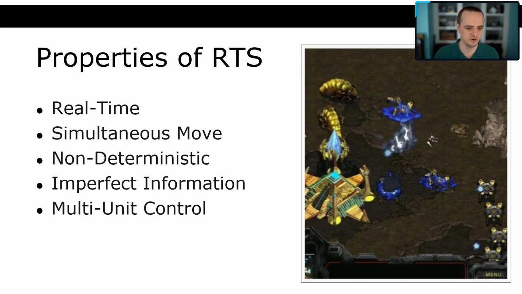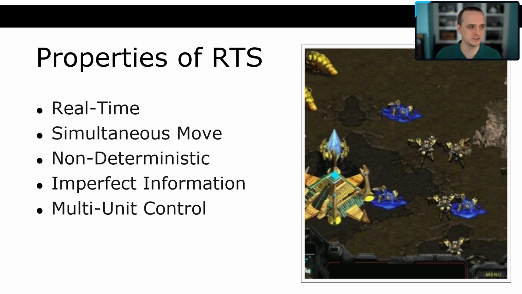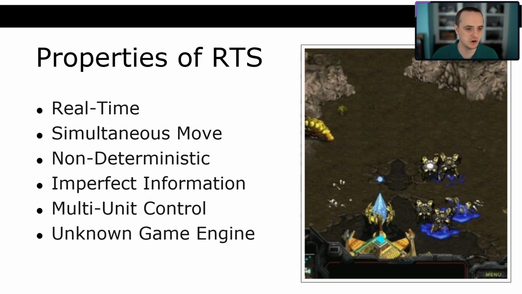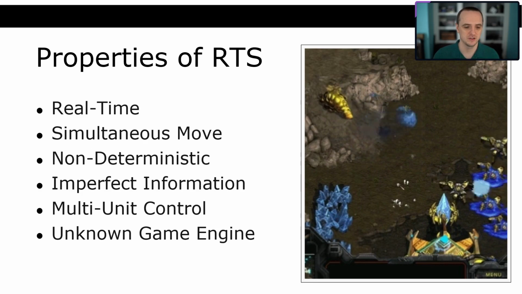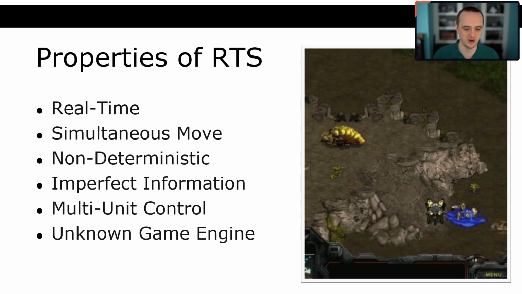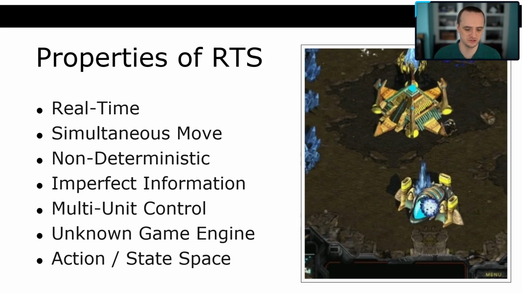You don't know how many resources they have necessarily. You've got multi-unit control, so you have an exponential action space to worry about. You have an unknown game engine, so you don't have the source code, and you've got to make some guesses about what is happening inside StarCraft. And you've got an action and state space which are just gigantic.